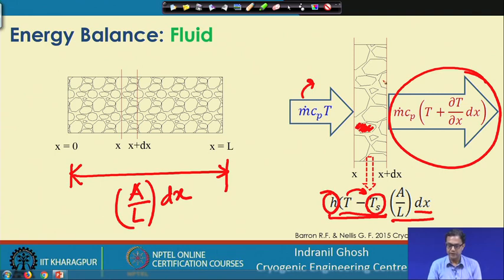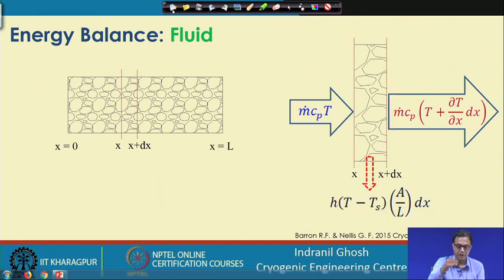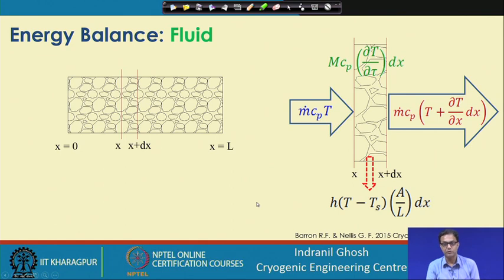As the gas is flowing through, it is giving heat to the solid particle, and some part of the energy will be stored in this void fraction. This is the amount of energy that will be stored within the gaseous volume.